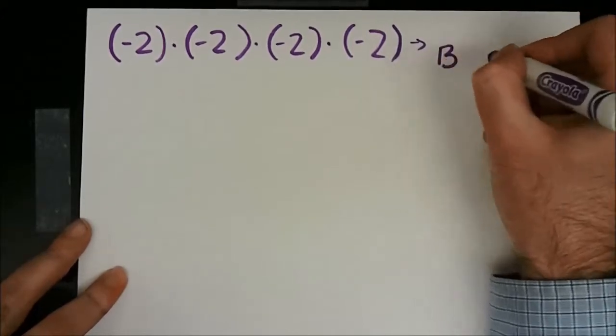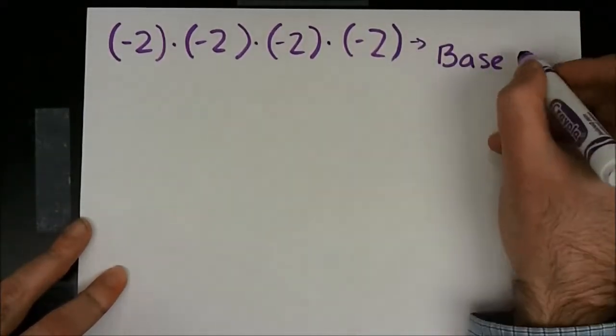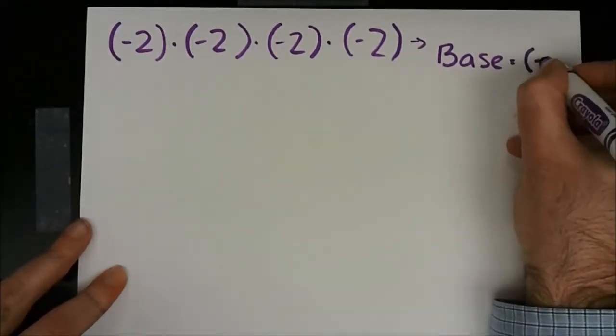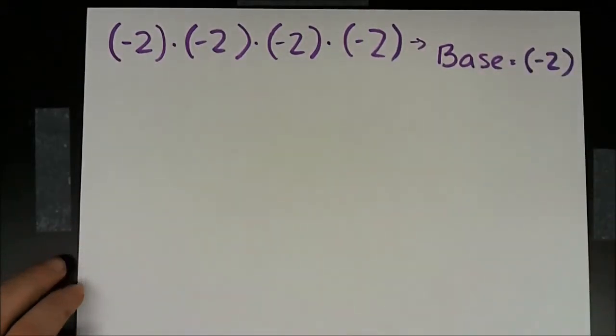What is the base here? If you said -2, you'll be absolutely correct. If I asked you what the exponent is, what would you tell me? What is the exponent here?